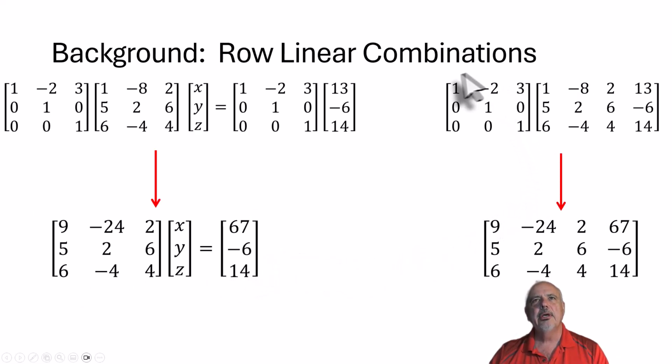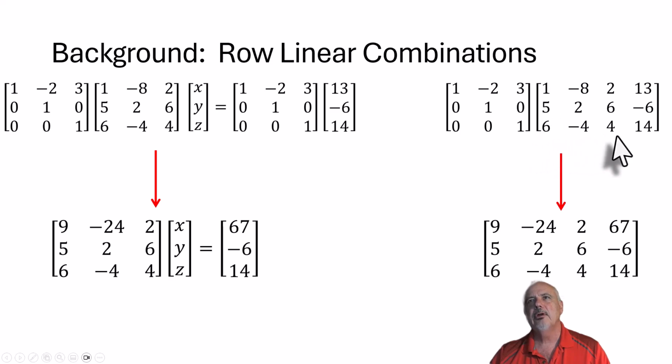Okay. So here's how the prefactor works. I'll just focus on the augmented representation, and you can see that the 1, minus 2, and 3 are going to multiply the first row, second row, and third row sequentially. So if I do it a column at a time, and I've already done this with you, the 1 times 1 minus 2 times 5 plus 3 times 6.